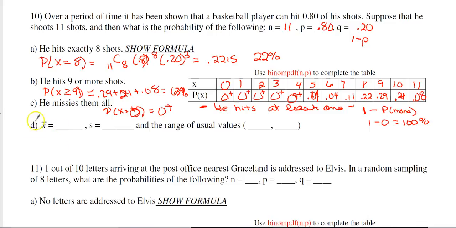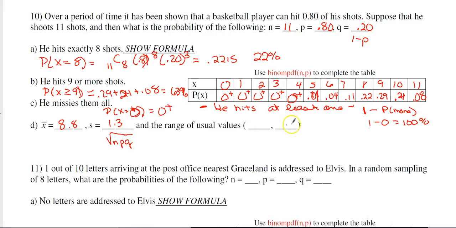Alright, so n times p for the mean, which would be 11 times 0.8, which is 8.8. The standard deviation is 1.3. That's the square root of n times p times q.